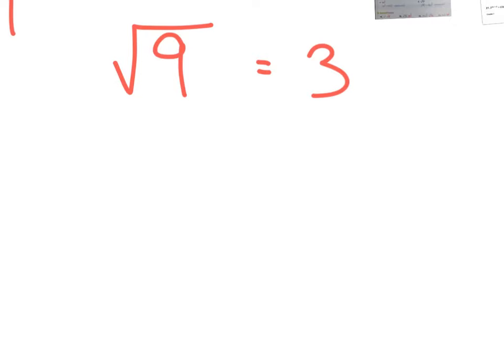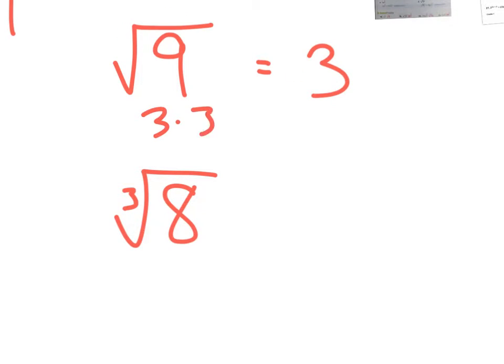You don't have to put the 2 right there. But we're also going to be dealing with cube roots. And there you do need a 3 if you're talking about a cube root compared to a square root. Okay? So let's go back up to this one. Why is the square root of 9 equal to 3? Because 3 times 3 gives you 9, right?